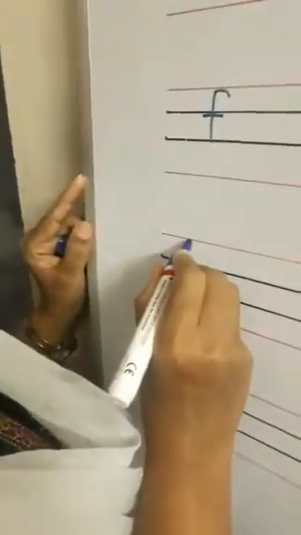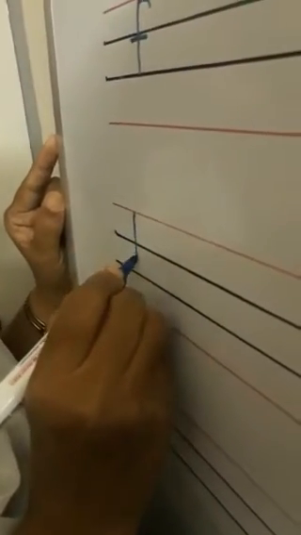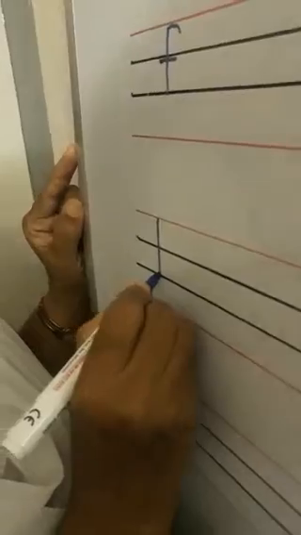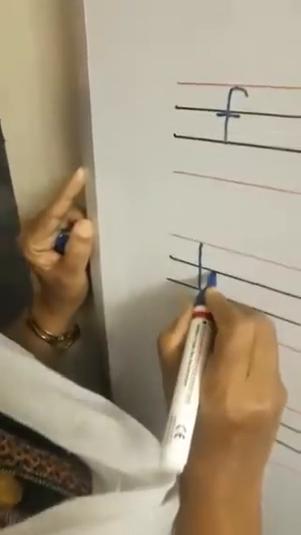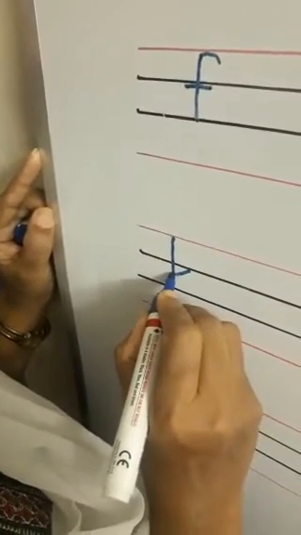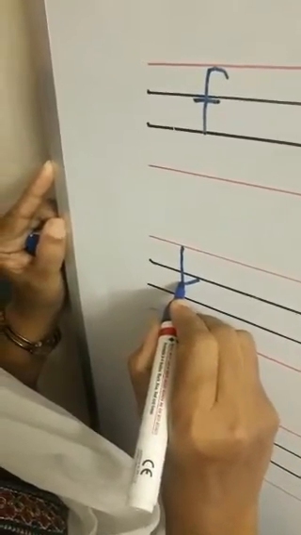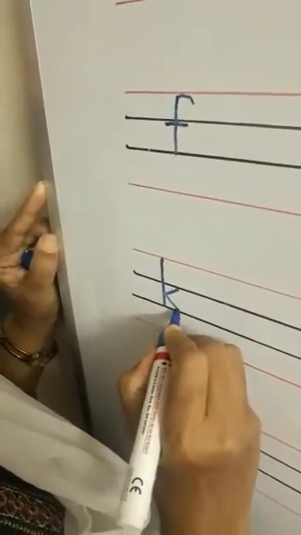Start from the top and draw a standing line to the bottom and go to the middle and draw a slanting line towards the middle and again one more slanting line to the bottom.